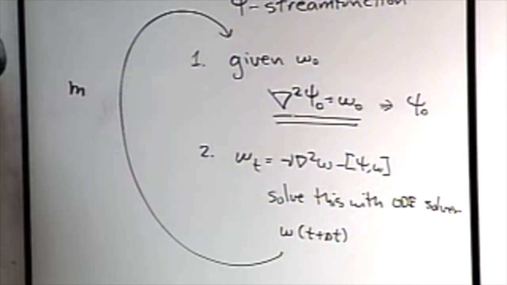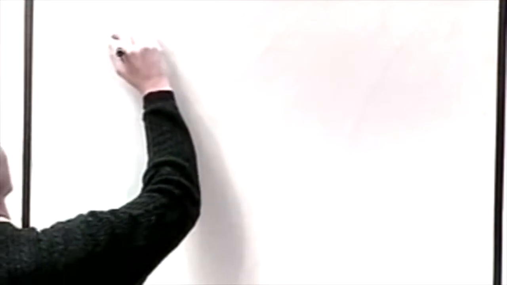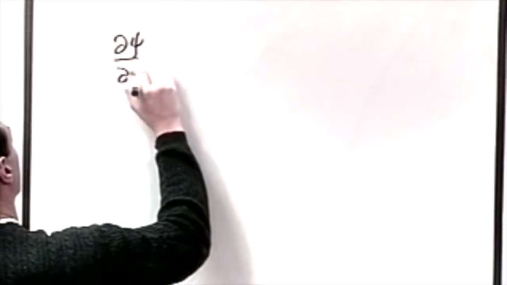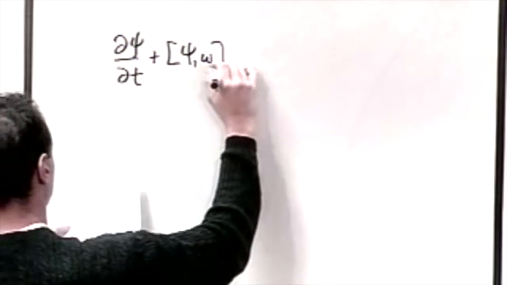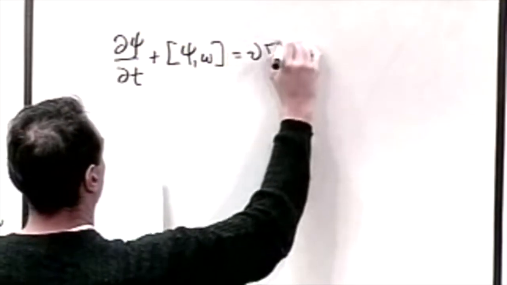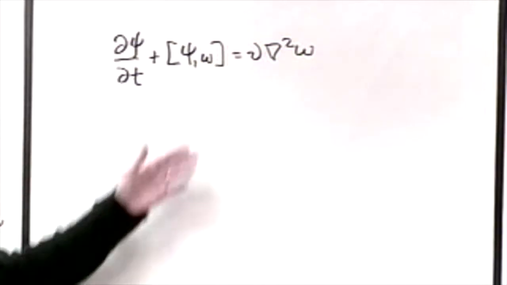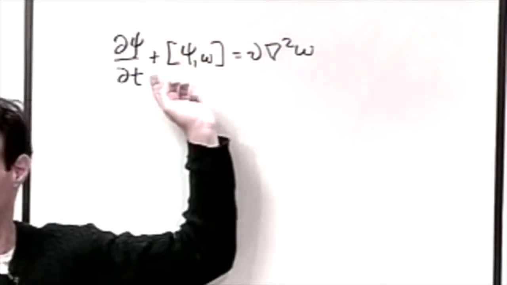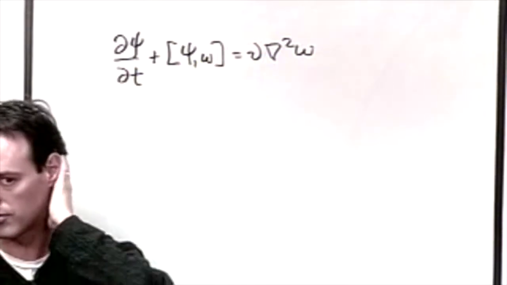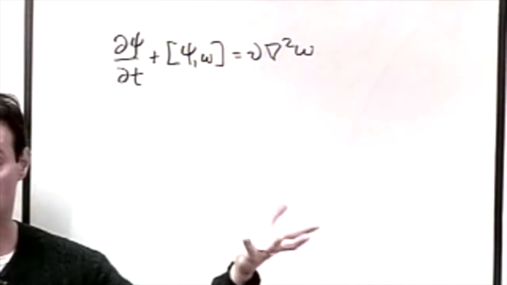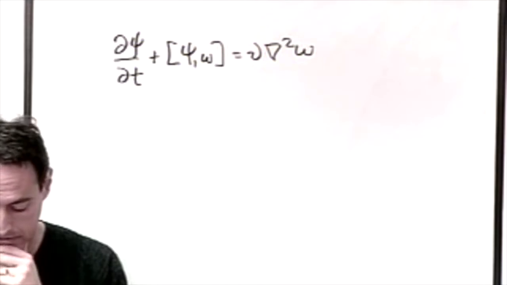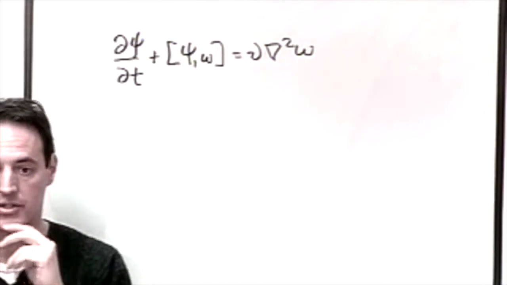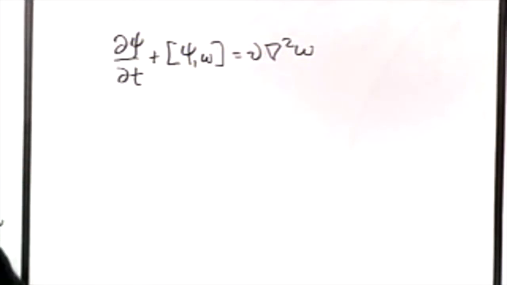Now let's talk about the other problem. Assuming that I can calculate this thing nicely, which we just developed a way to do, now I want to solve for the vorticity, updated in time. Well, you can do the same kind of thing you did before, which is, hey, these are just derivatives, right?